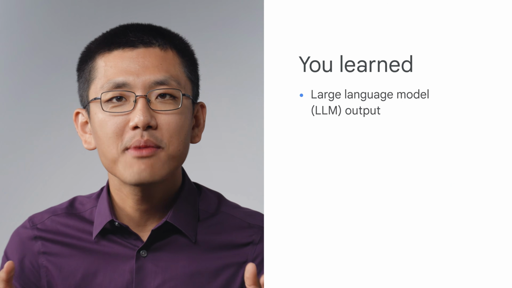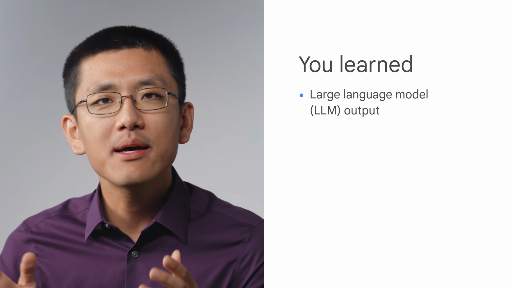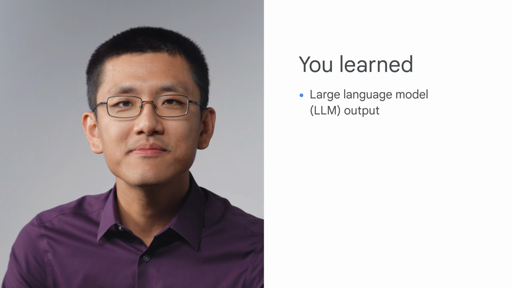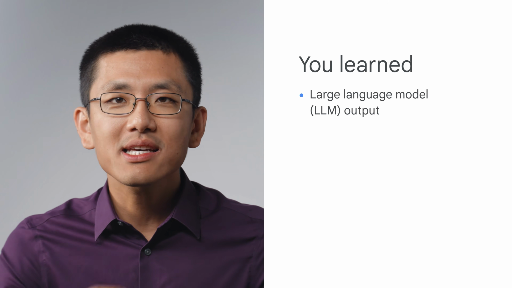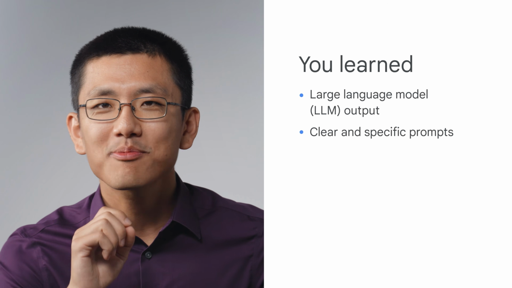You've learned a lot about writing prompts that you can apply to workplace tasks. In this section, we discussed large language model, or LLM, output. We examined how LLMs produce their output and potential issues you might encounter in the output. After this, we focused on a key principle of prompt engineering: creating clear and specific prompts.